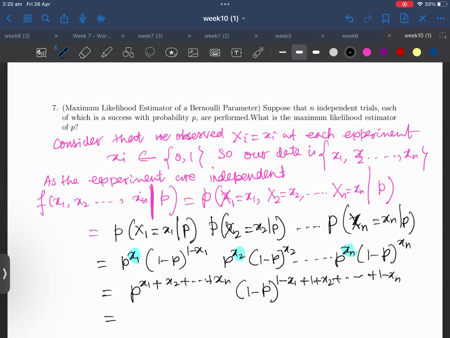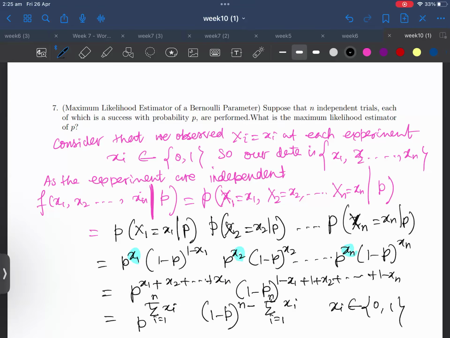So we have p to the summation of xi, i equal to 1 to n. Here 1 minus p to the n minus summation of xi, since 1 plus 1 plus 1 is basically n, and xi belongs to 0 and 1.